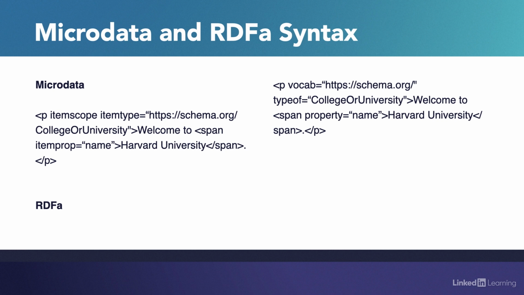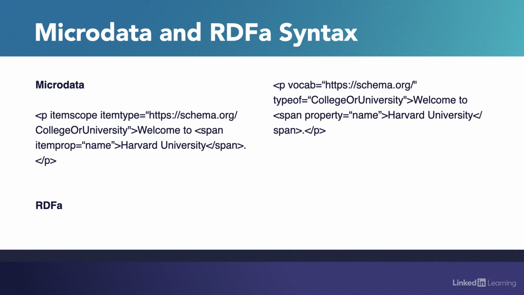Inside of the sentence, we have a span tag in place, and the itemprop attribute is used to apply the name property from that schema to the words Harvard University, which of course is the name of the university that we're talking about. On the RDFa side of this, you'll see exactly the same kind of code in play here. We're still working with schema.org.